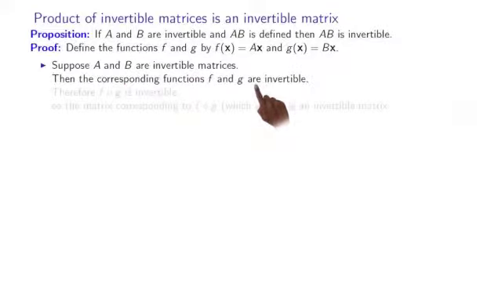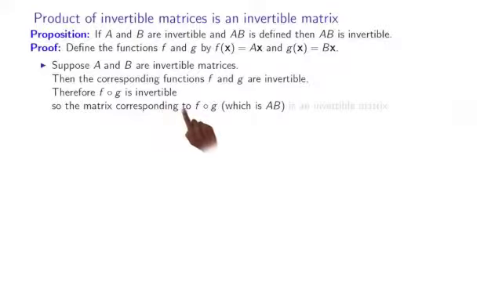Now assuming the matrix product A times B is defined, the functions f and g can be composed. And since f and g are both invertible functions, the composition is also invertible. So by the matrix multiplication lemma, the corresponding matrix is A times B, and that's an invertible matrix.